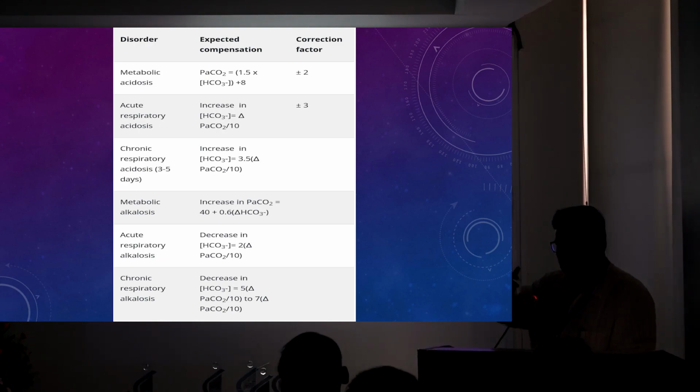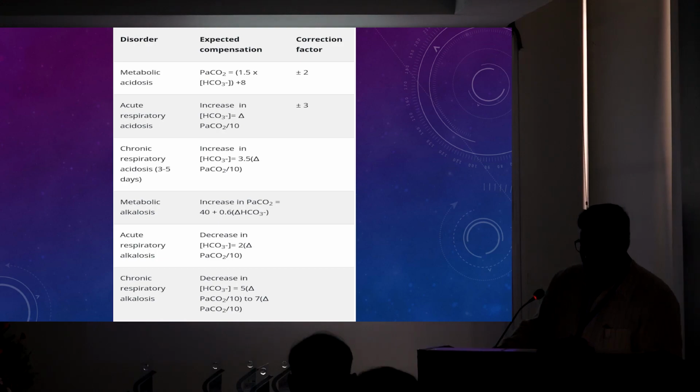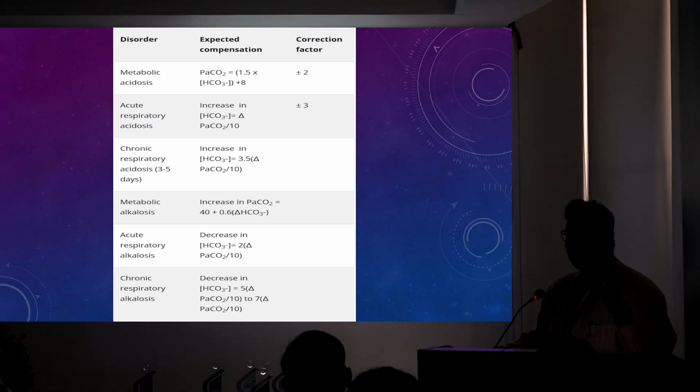The longer the compensation, as in chronic COPD, a chronic retainer, chronic respiratory acidosis, the more we should go towards 7 times the change in PaCO2 by 10. Calculating expected compensation for the respiratory part is easier compared to the metabolic component.